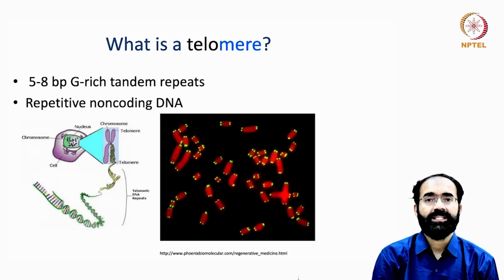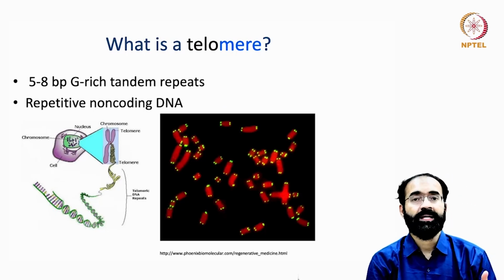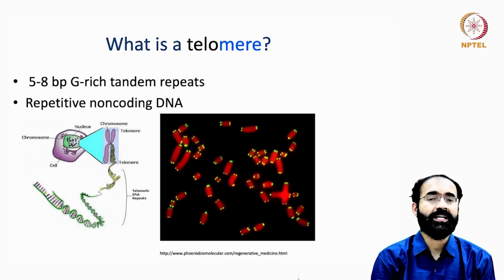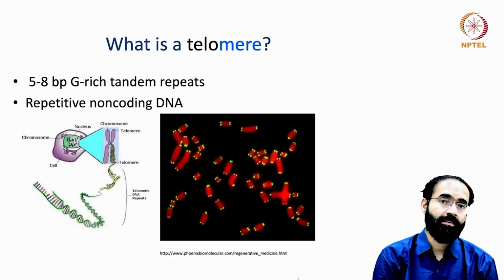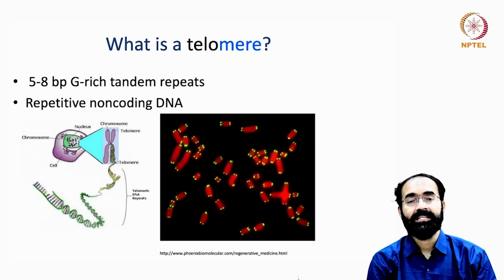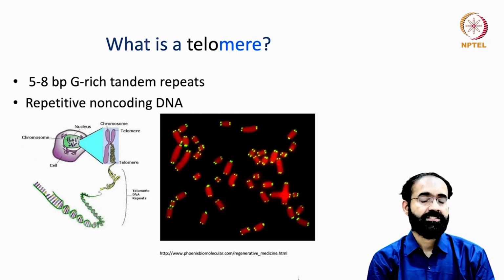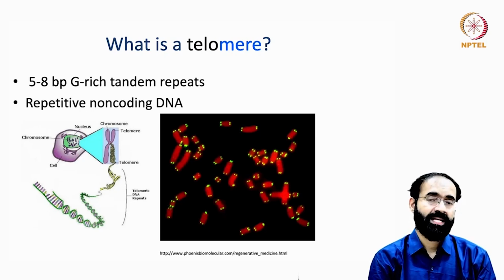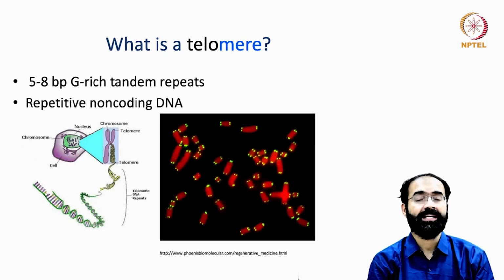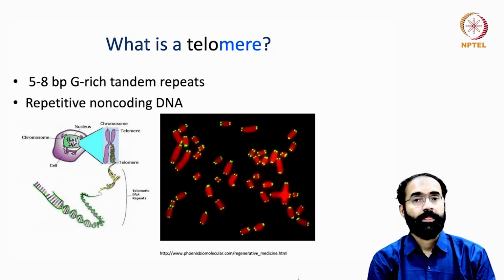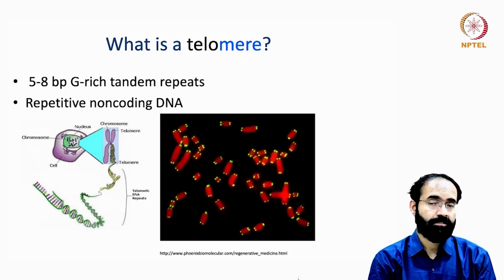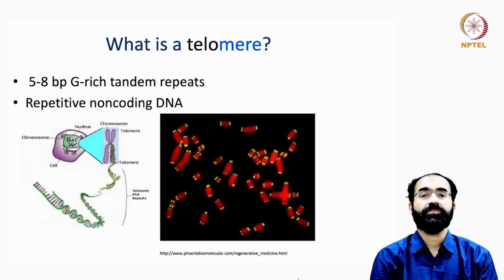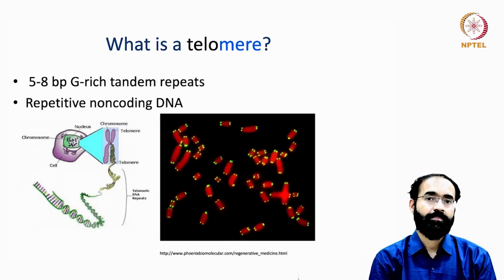Because of this, eventually there will be an end replication problem. End replication problem means the fragment towards the tip of the chromosome will end up a little stunted in one of these strands, because there will be no place for the RNA primer to bind, since DNA synthesis takes place by initiation by an RNA primer.